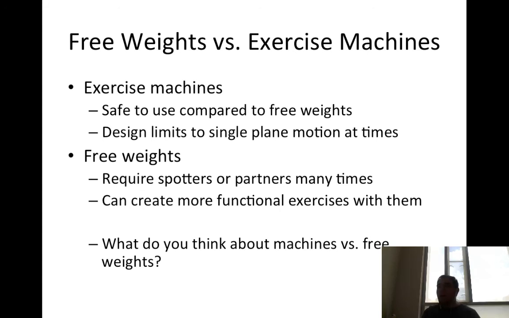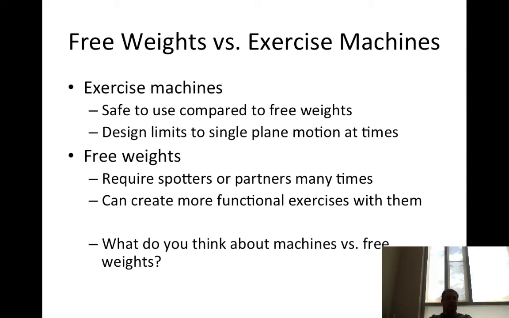Okay, free weights versus exercise machines. Every book out there on rehab talks about this stuff, and it's a lot more strength and conditioning principles. But anywho, exercise machines, you use on a Nautilus or whatever the machine might be. They're a lot safer to use compared to free weights, but the design really limits you to one plane of motion depending on the machine.